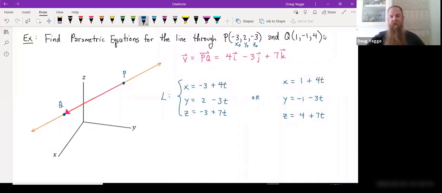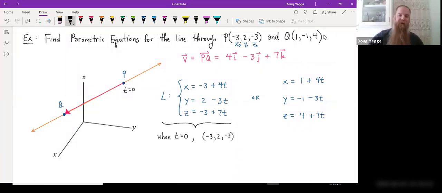So just to demonstrate what the t value means, you can sometimes think of that as time. So let's think of this as a t value of 0. When t is equal to 0, notice that I get the point negative 3, 2, and negative 3, which means that at point P, I'm at t equals 0.